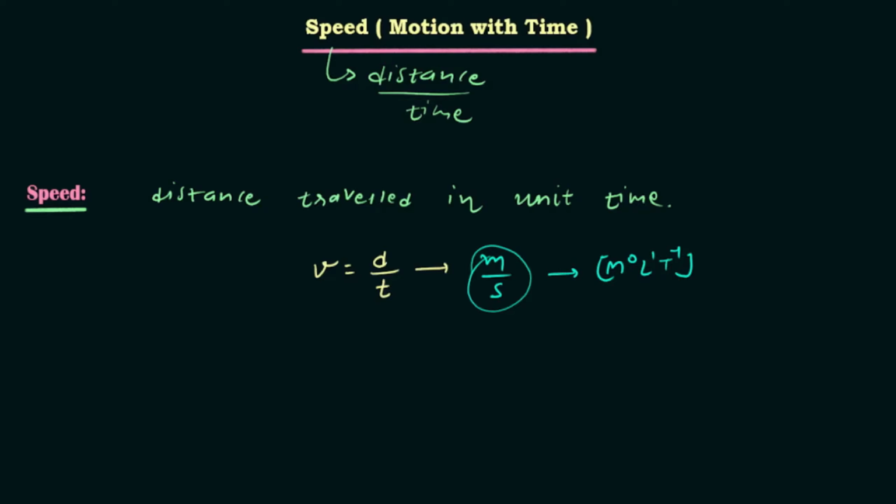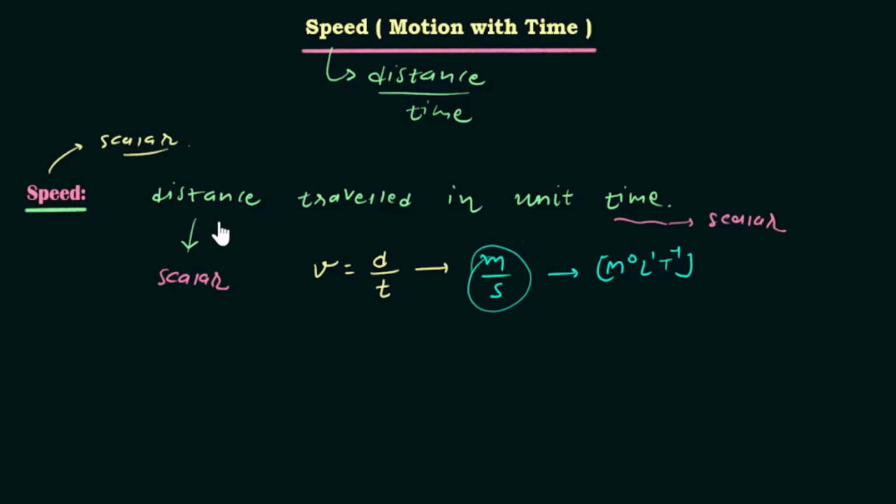So the dimensions are M^0 L^1 T^-1. Here distance is a scalar quantity and time is also a scalar quantity. That's why speed will also become a scalar quantity.